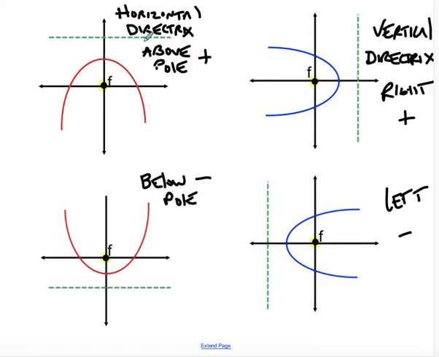So here's the directrix, here's the pole, so that whole distance is P. So from directrix to the pole is P. Now this is different from when we first learned about parabolas. We had a P in that formula as well, so it's a little unfortunate that we've got P's in both formulas, but they mean different things.